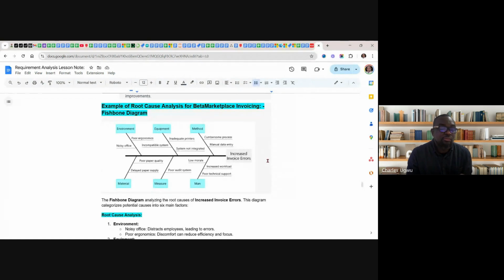This process is most commonly used in manufacturing industries. That's how we eliminate problems in most manufacturing industries.